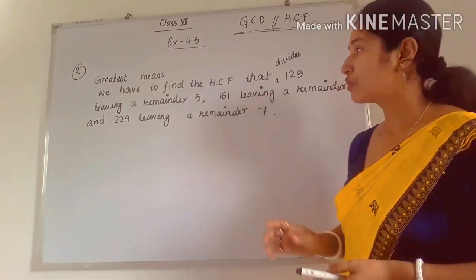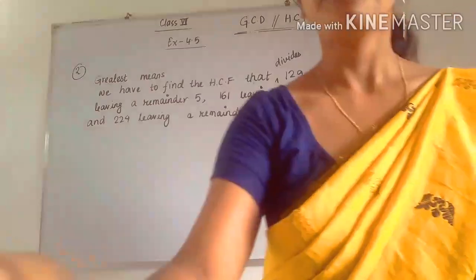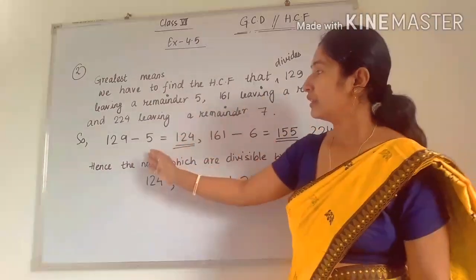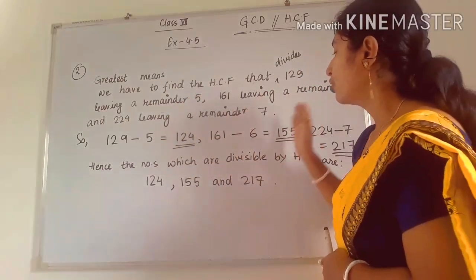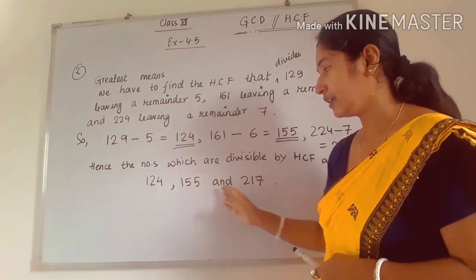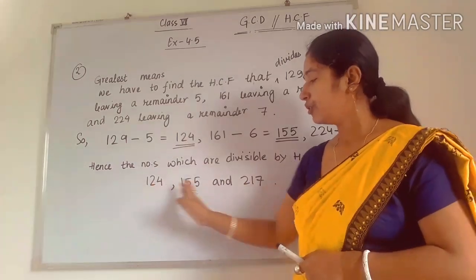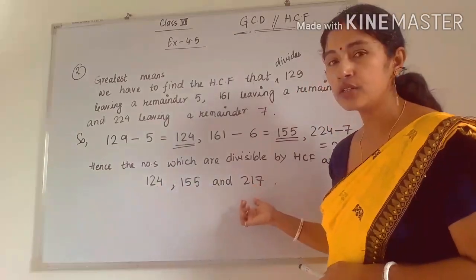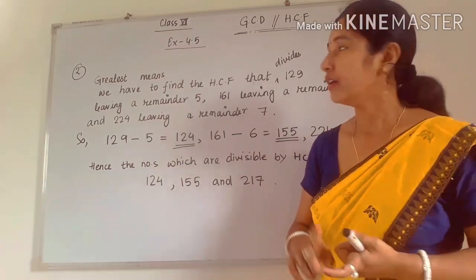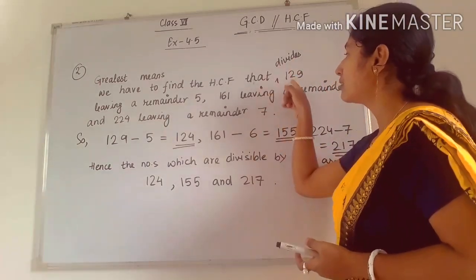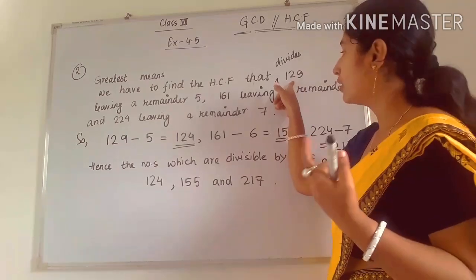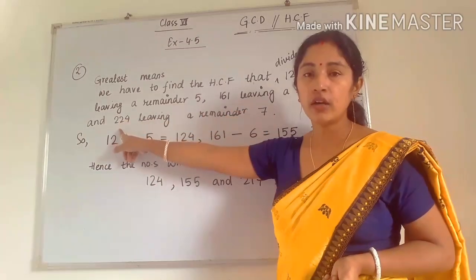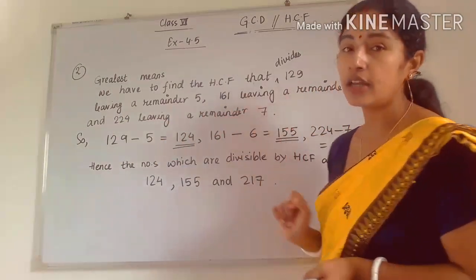So first of all we have to subtract. I have subtracted the respective remainder from each number, so that I can easily find the HCF of these three new numbers. That HCF will be the greatest number that divides the old numbers, 129, 161 and 224, leaving the remainders 5, 6 and 7.